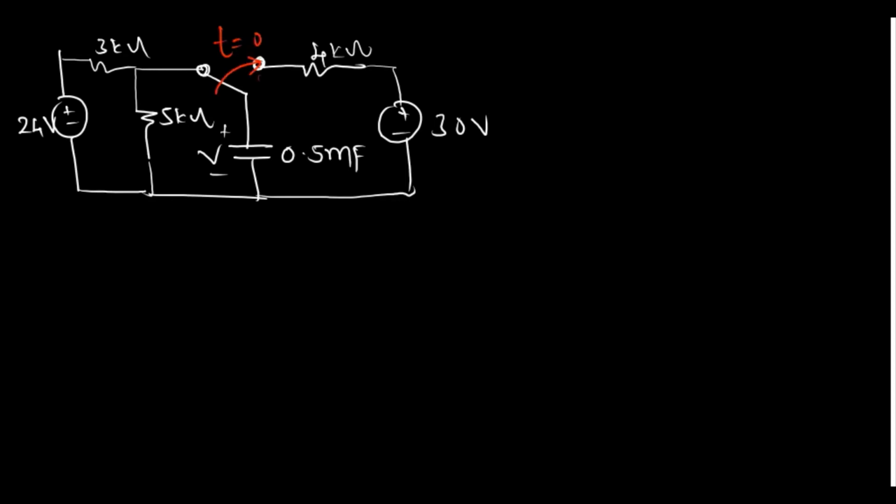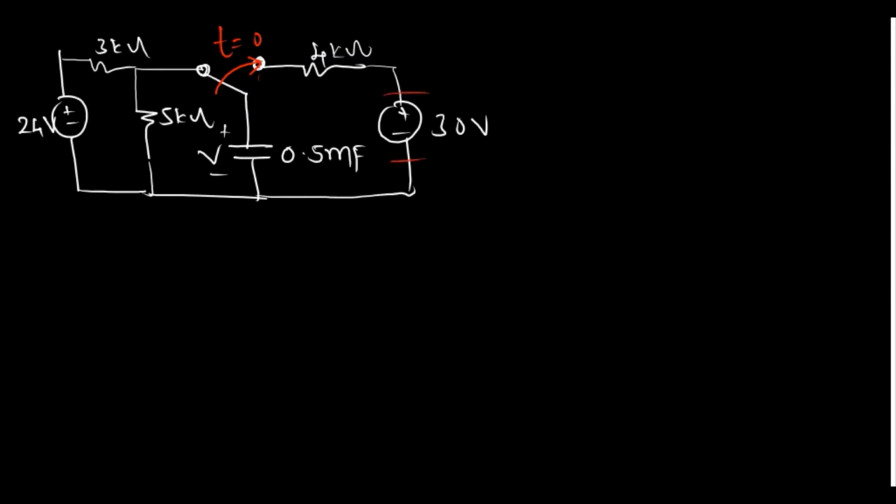So what we are going to do, first we need to analyze whether it's first order or second order, and step response or source free, RL or RC. This is first order because there is only one capacitor, there is no inductor. It's a step response because after t equal to 0 it's connected to this voltage source.